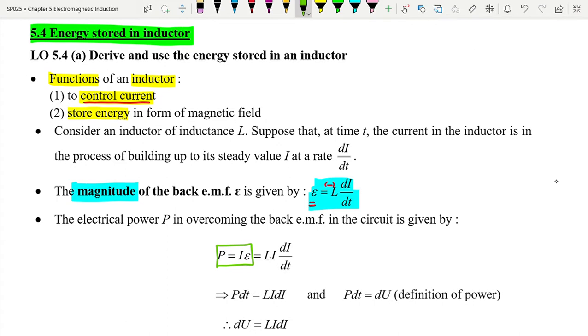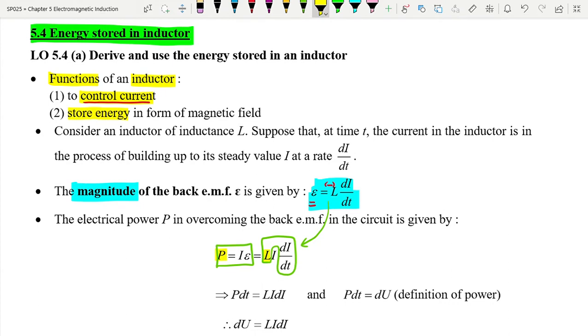Dan EMF is given by, bukan I di dt, is actually L di dt kan. So daripada formula ini, kita darabkan dengan I. So power equals L di dt times current. Okay, so itu adalah formula untuk dapatkan power in terms of self-inductance lah.